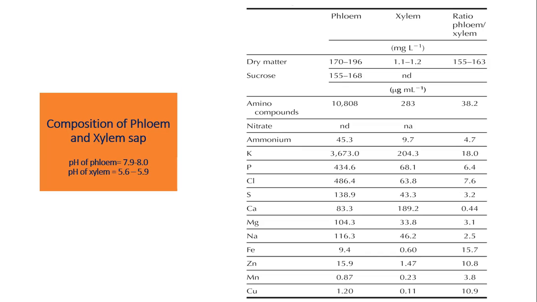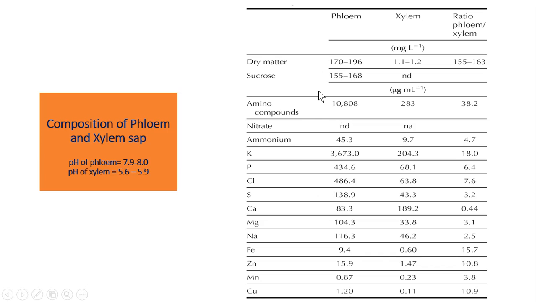If we analyze and compare the composition of xylem and phloem, the pH of phloem is 7.9 to 8, and the pH of xylem is 5.6 to 5.9. So this is a major difference between the pH of phloem and the pH of xylem.